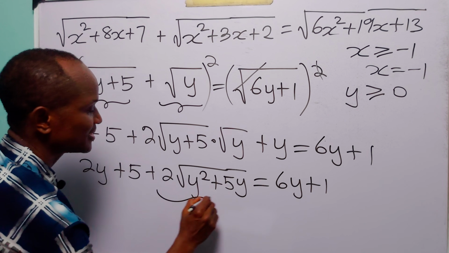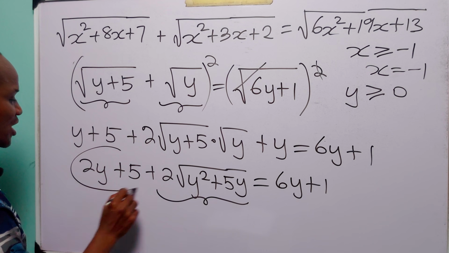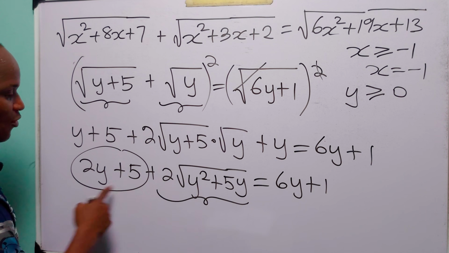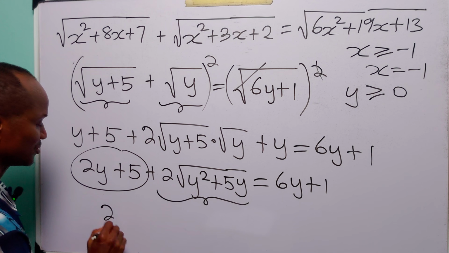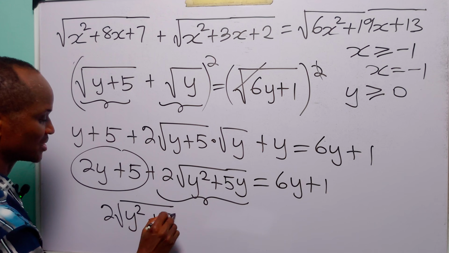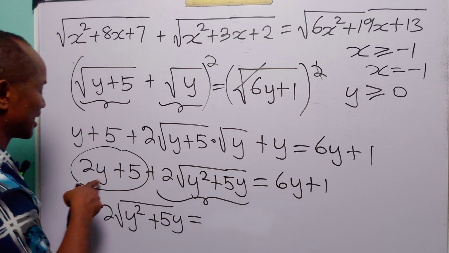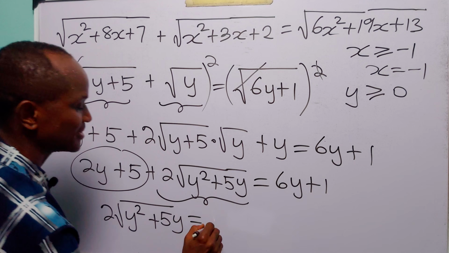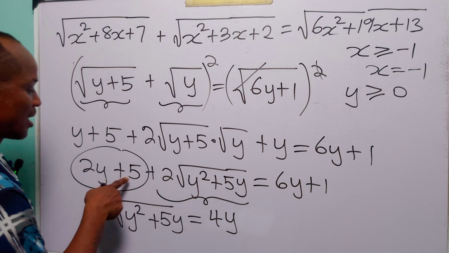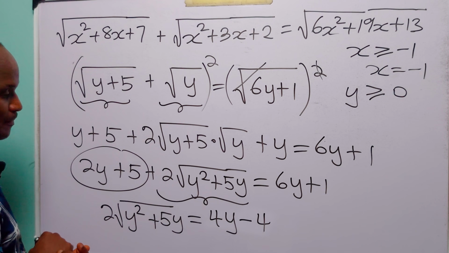Now, to isolate this radical on the left-hand side, we are going to move 2y plus 5 over to the right-hand side. When we do that, we have 2 root y squared plus 5y is equal to 6y minus 2y is 4y. And 1 minus 5 is minus 4.